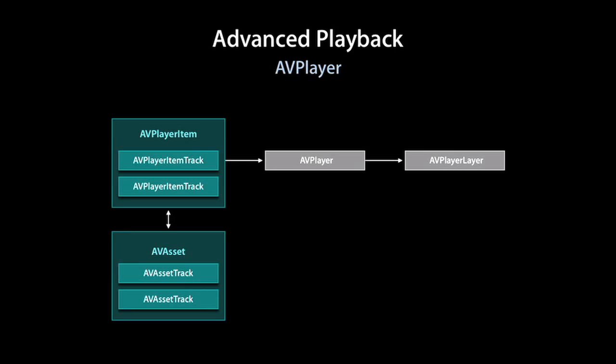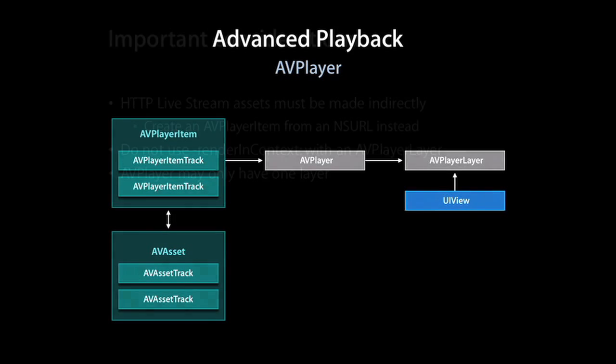But I'm still not done, because in order for the user to see that movie, it has to be inside my view hierarchy. Now, if you look at any of our sample code around AV Foundation, you'll see that we typically make AV Player layer the layer object for a subclass of UI view.